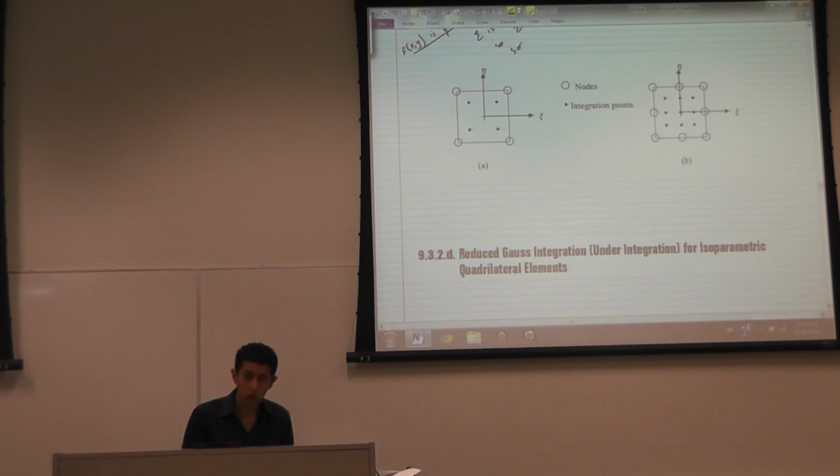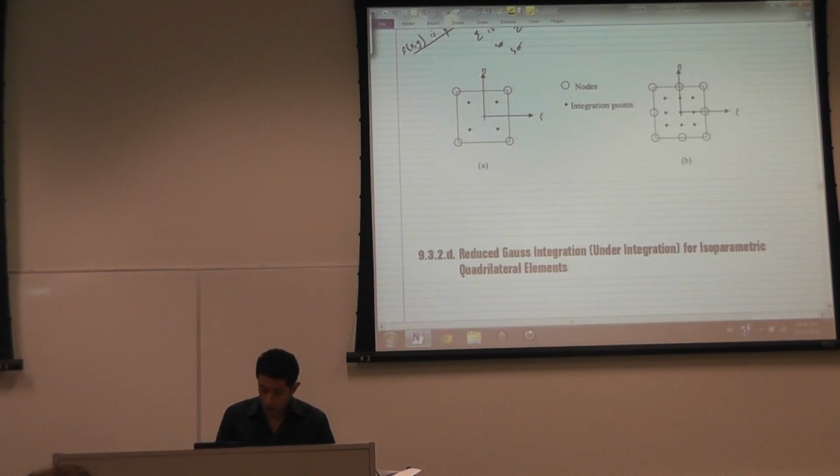So 2 integration points in each direction are good enough, and the coordinates of the points are negative 1 over root 3, 1 over root 3, and so on. So the stiffness matrix in this case is 8 by 8.